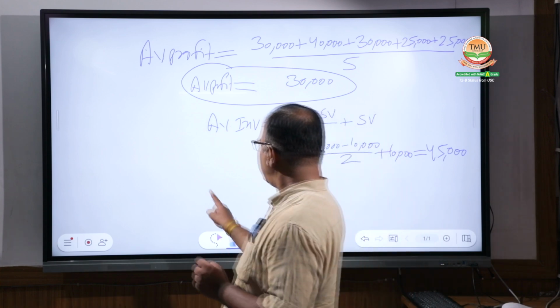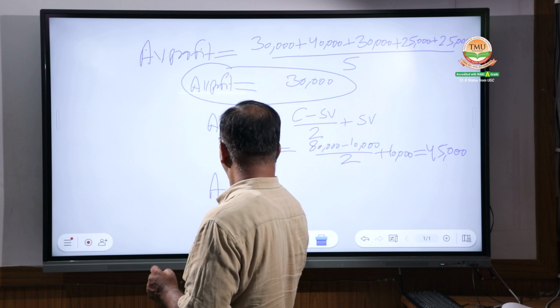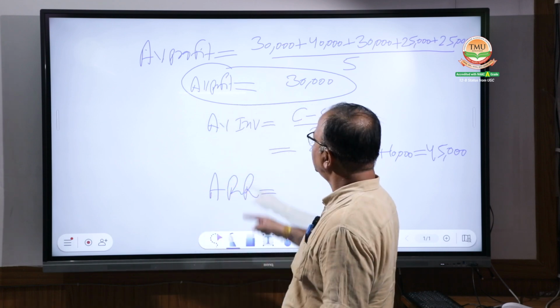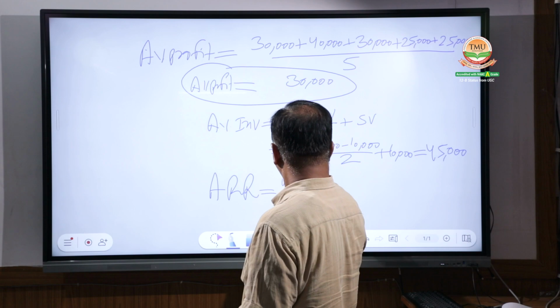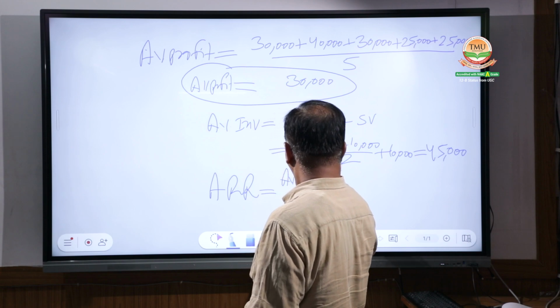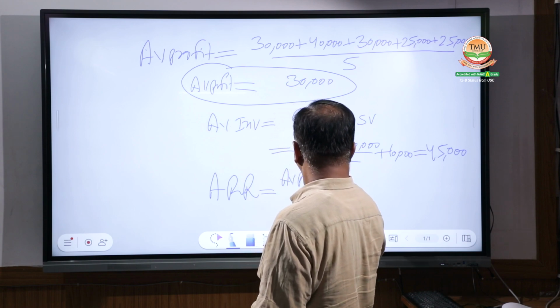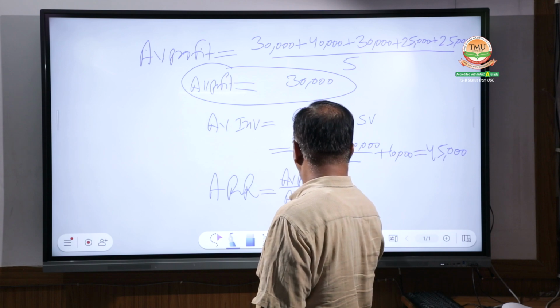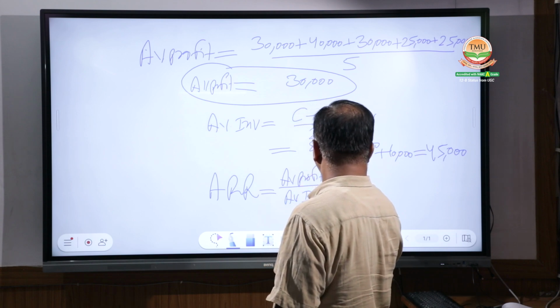Now, formula of ARR is equal to average profit divided by average investment into 100.